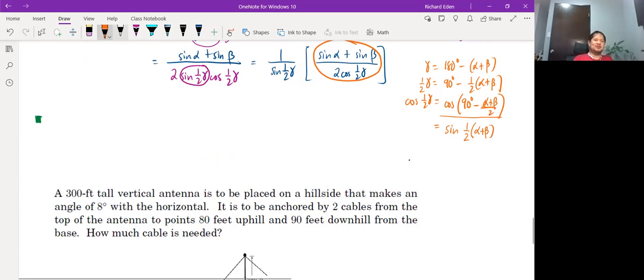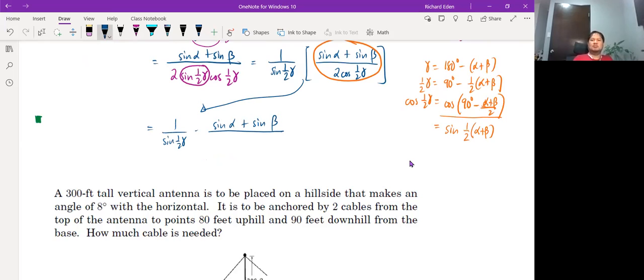So this is what we now have. Sine of alpha plus sine beta over, meron pa rin tayo ng 2, double sine of half of alpha plus beta.